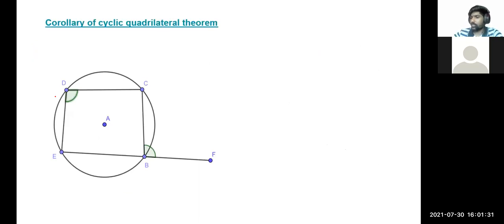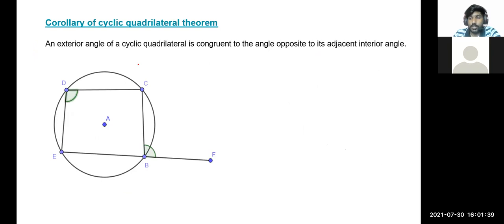Okay, next is one corollary of this theorem. If you see in this figure, the statement of the corollary says an exterior angle of a cyclic quadrilateral is congruent to the angle opposite to its adjacent interior angle.